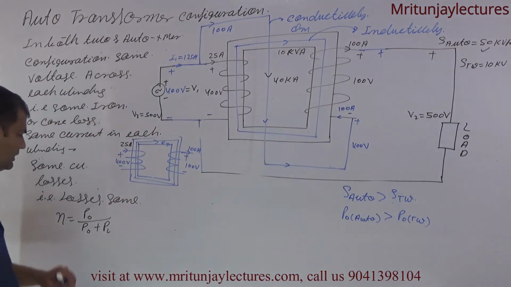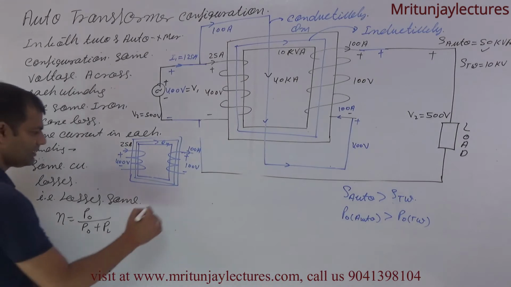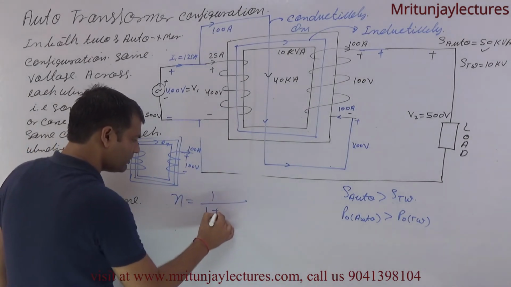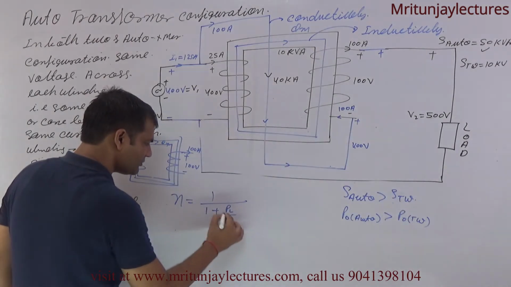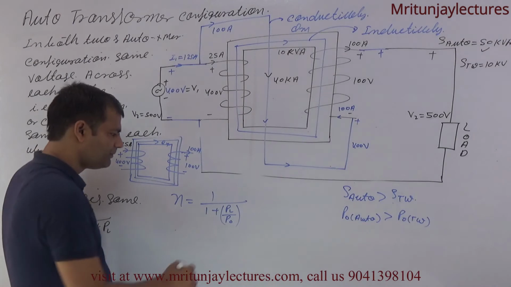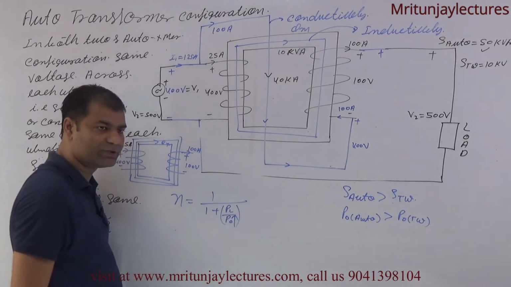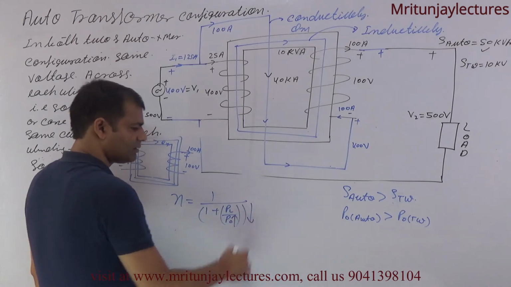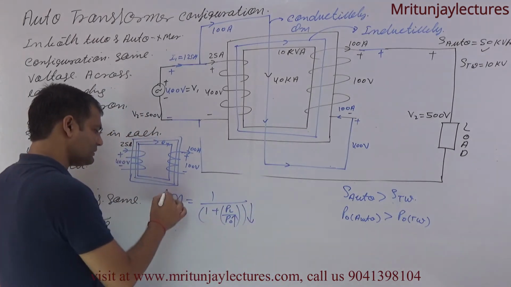Now, efficiency is written as 1 divided by 1 plus PL divided by P0. Okay. If P0 is high, what about the denominator? That is lower, and so efficiency is higher.